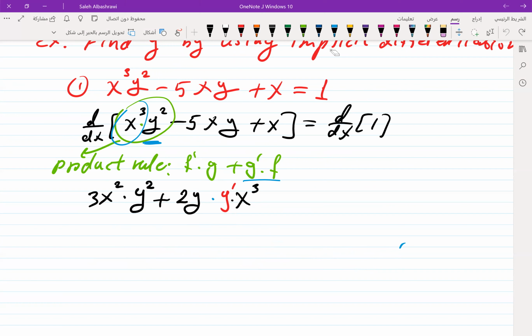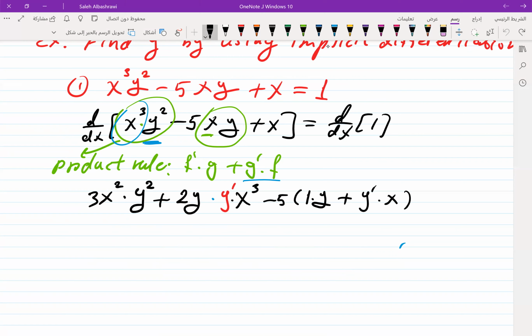Now let's go for the second term. We have minus 5, open the bracket, because I need to also apply the product rule for this one. Again, it is f prime: the derivative of x is equal to 1, so it is 1 multiplied by y, plus the derivative of y, which is y prime, multiplied by x.